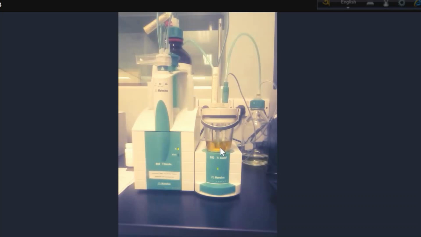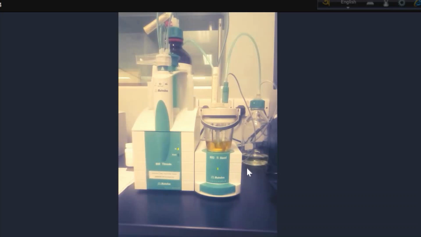You can see here the Karl Fischer reagent, also called combi titrant 2, combi titrant 5, etc. And this is the line between this and this one. We can use methanol or ethanol as solvent, and the ethanol and methanol must be water free for this titration.